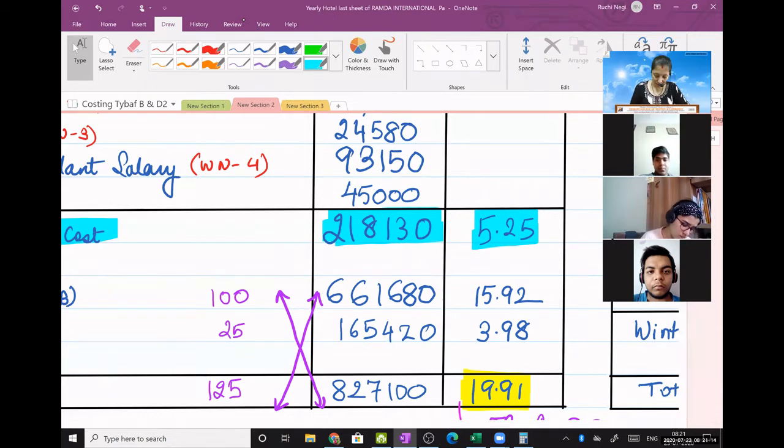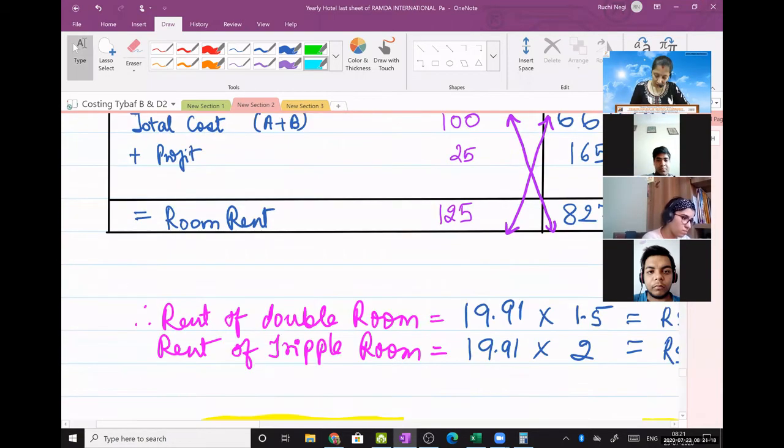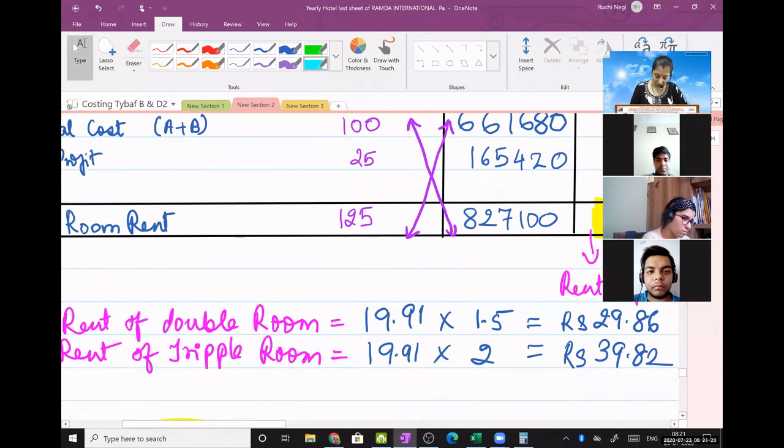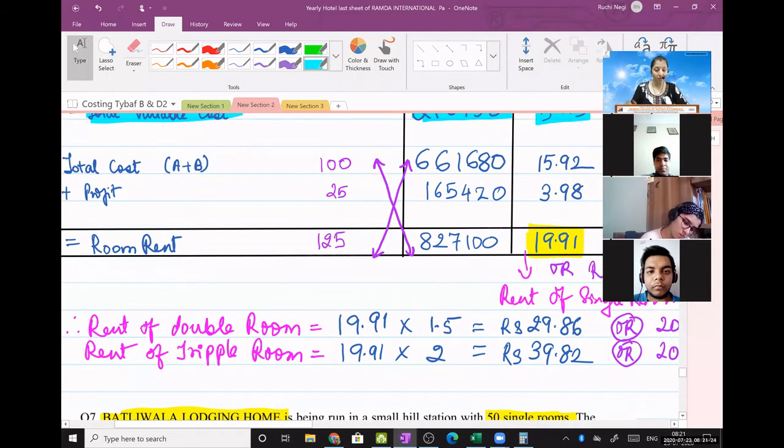Next, calculate the rent of the double room. So this 19.91 is what? This is the rent of the single room, because our base calculation was the number of single room days.